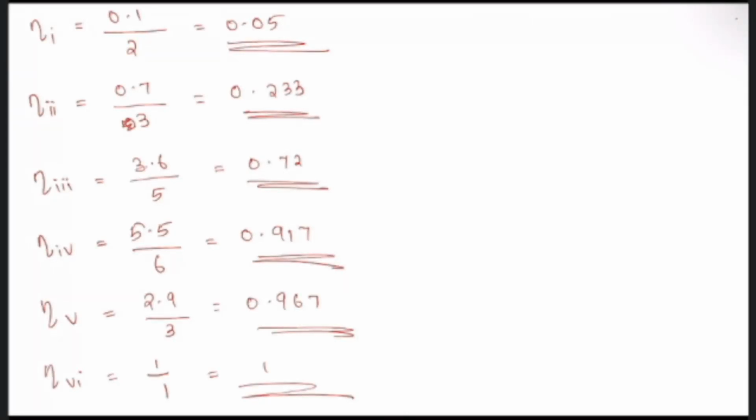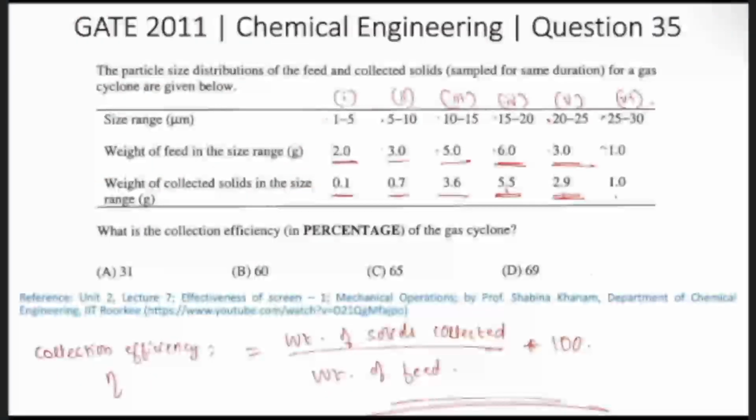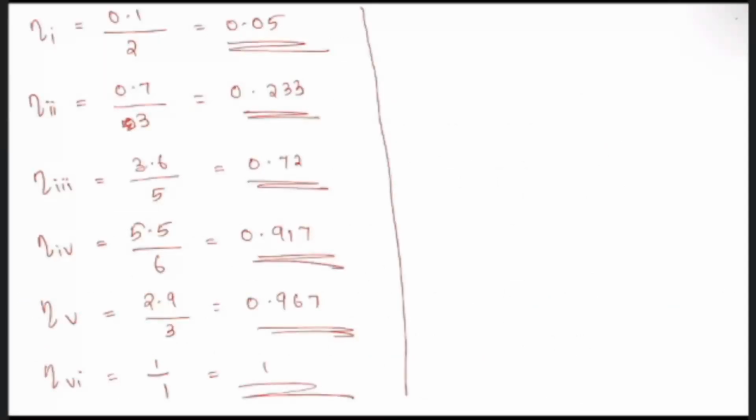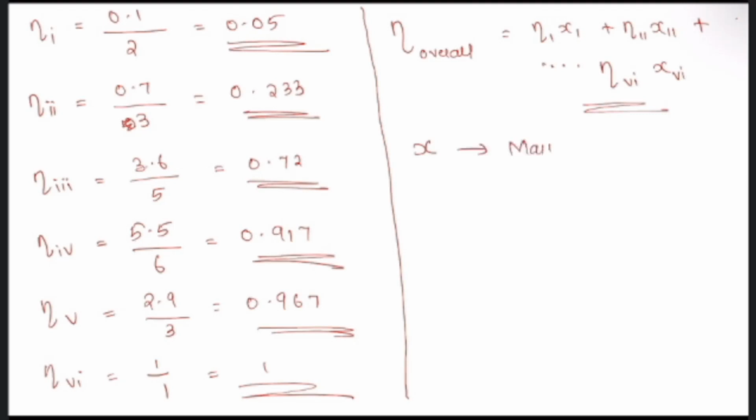Now we need to find the overall collection efficiency. We can define the overall collection efficiency, eta overall, as eta 1 x1 plus eta 2 x2 and so on up to eta 6 x6, where x is the mass fraction in that size range.